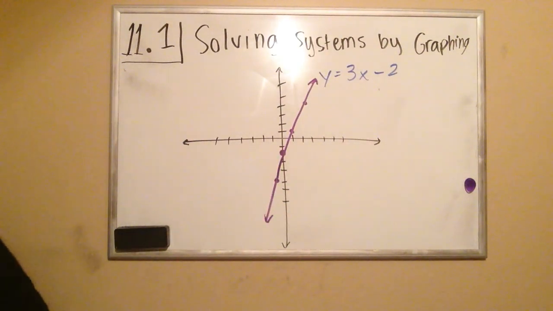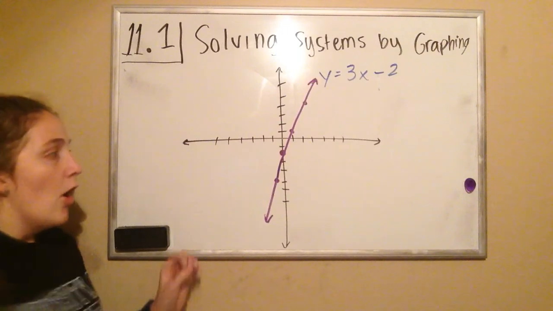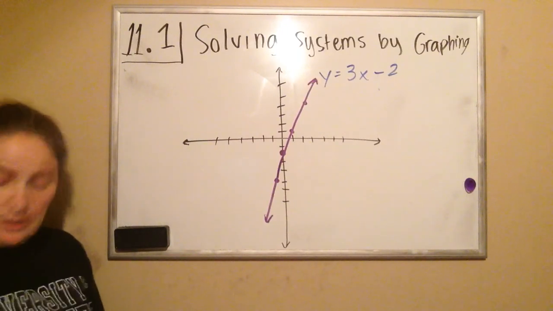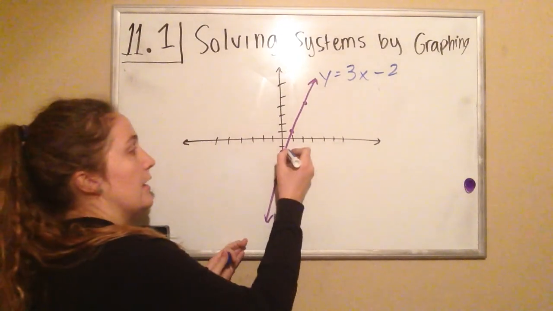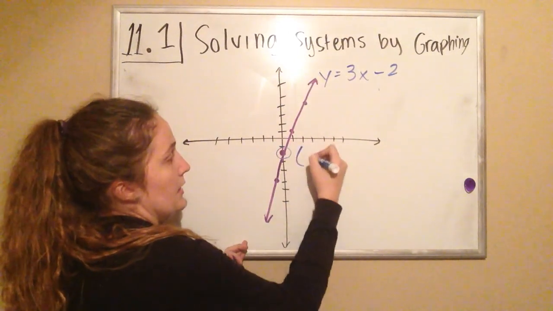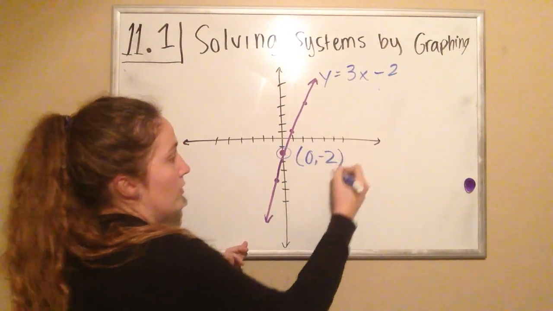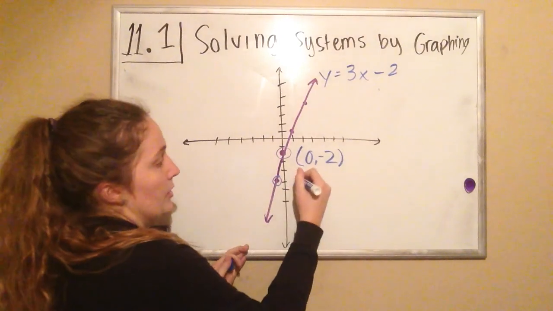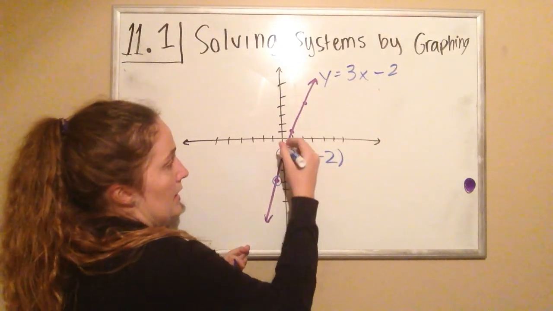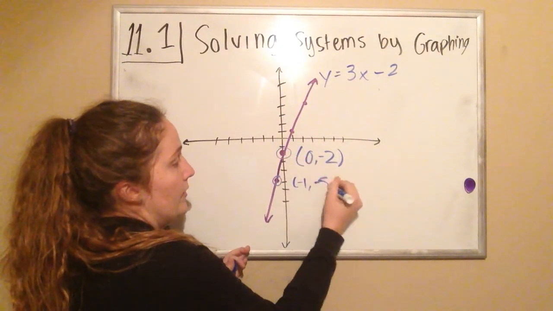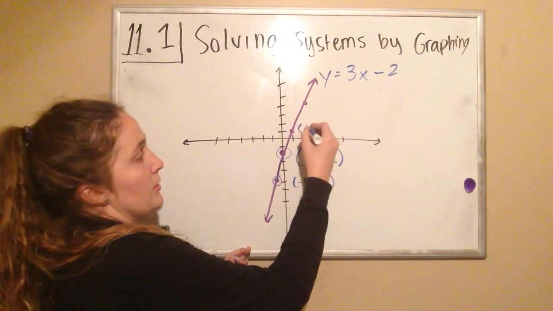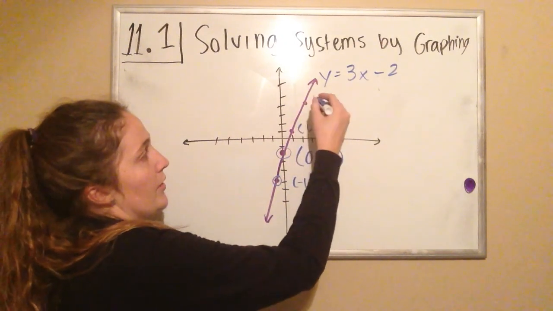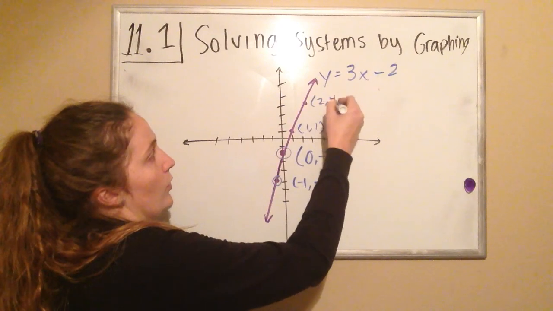So with this linear equation, any point that I choose on the line, this point right here, which is 0, negative 2, or this point right here, which is negative 1, negative 5, or this point here, which is 1, 1, or this point here, which is 2, 4.